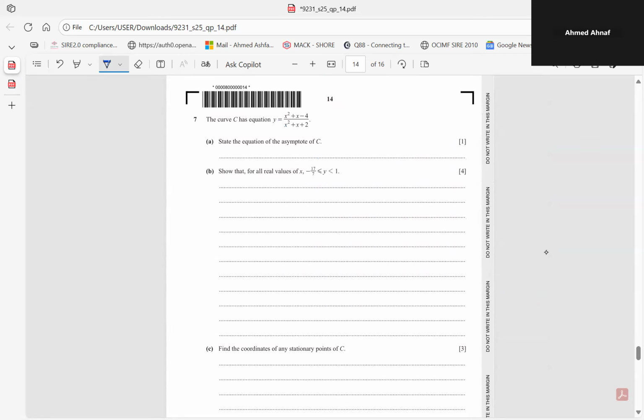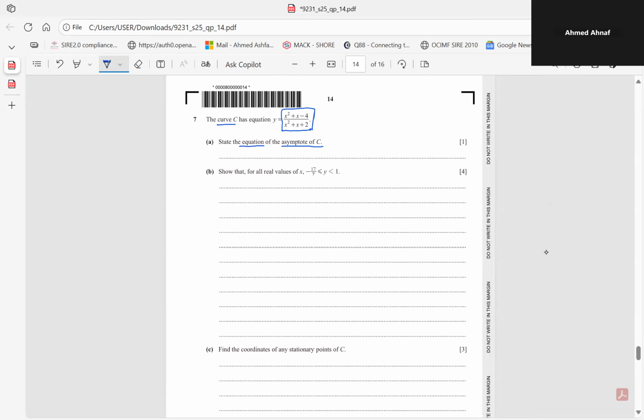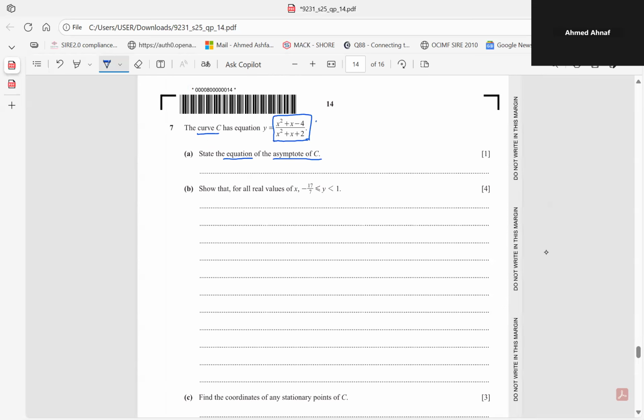Okay, so in this question, we're told that the curve C has this equation. And for the first one, we have to state the equation of the asymptote of C. Okay, so to do that, let's analyze this function. So the degree of the numerator is 2.